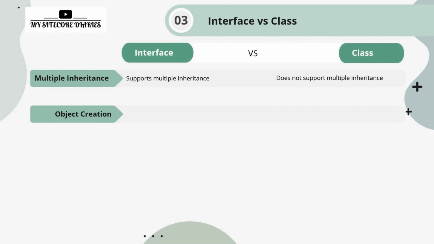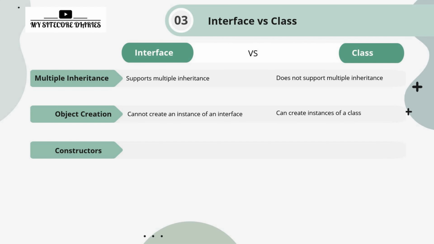Object creation. Interface, you cannot create an instance of an interface. You can implement interface in the class, but you cannot create an instance of an interface because it is a contract. Okay. Whereas class, you can create an instance of a class which you call an object. Constructor.